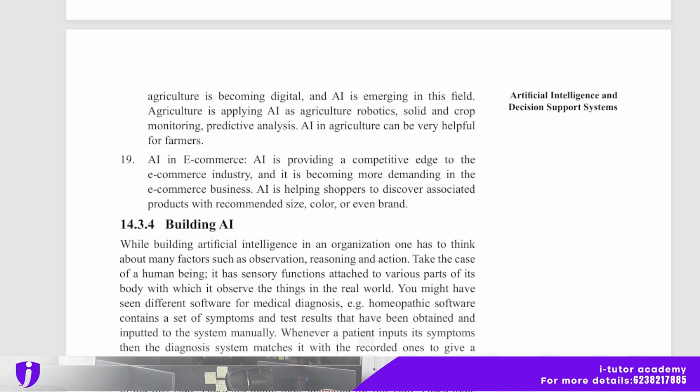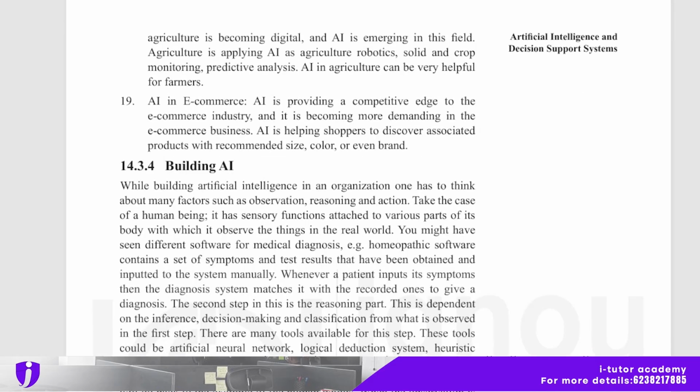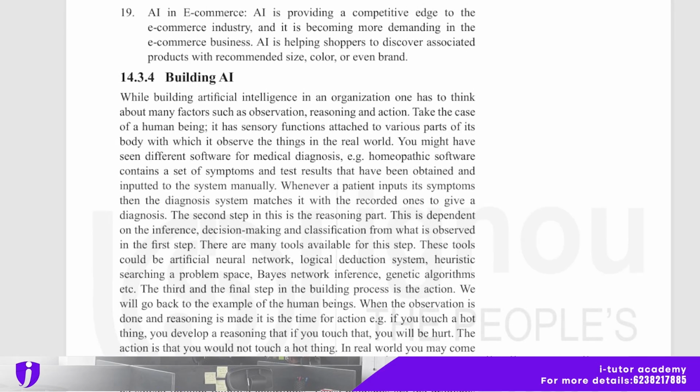You might have seen different software for medical diagnosis. For example, homeopathic software contains a set of symptoms and test results that have been inputted to the system manually. Whenever a patient inputs symptoms, the diagnosis system matches them with the recorded ones to give a diagnosis.